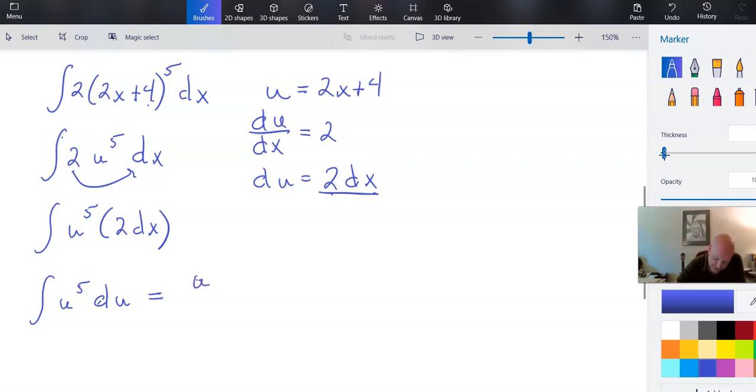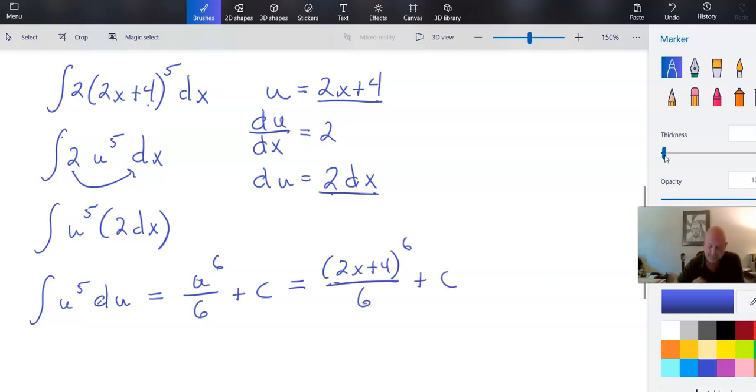So this is going to be u to the 6th over 6, using the power rule, plus a constant. All we have to do now is go back up and look at what u was and put it back in. So the final answer ends up being (2x plus 4) to the 6th power over 6 plus a constant.